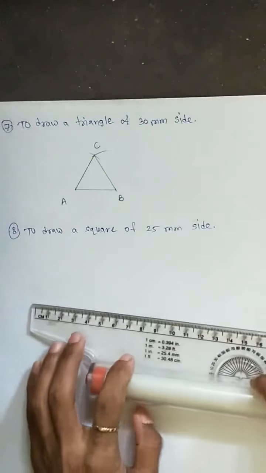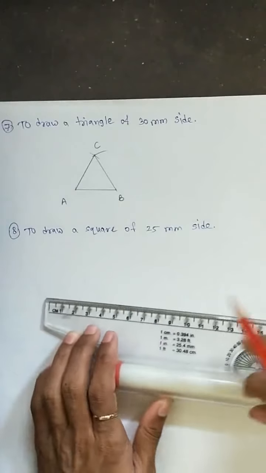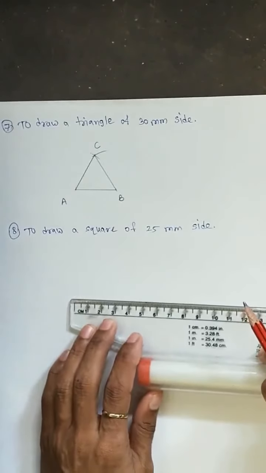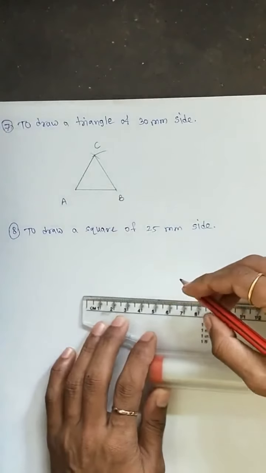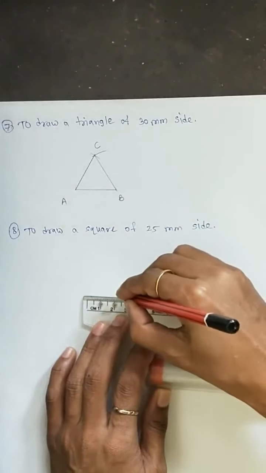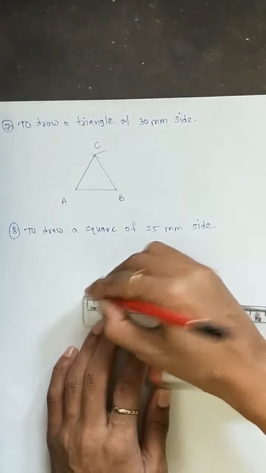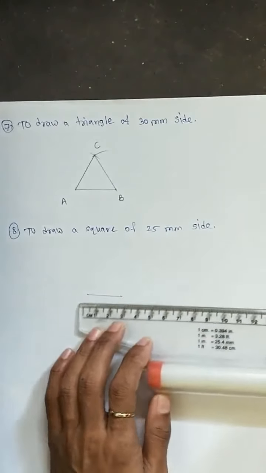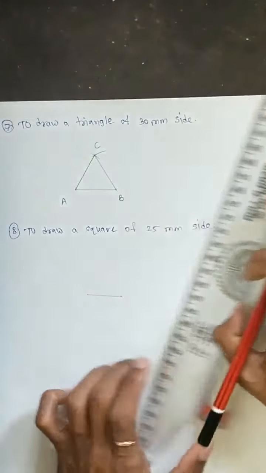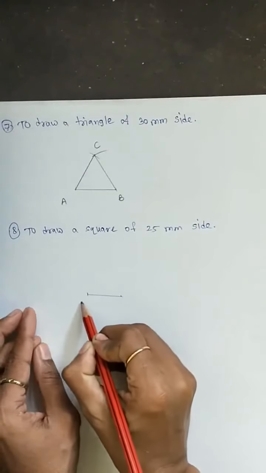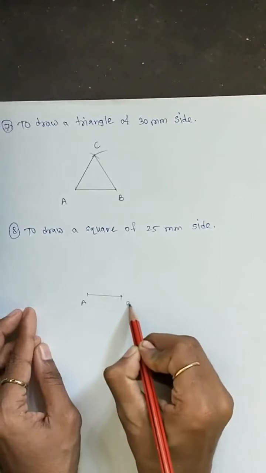So draw a horizontal line of 25 mm length. So 25 mm I have drawn. Then give name to these points as point A and B.